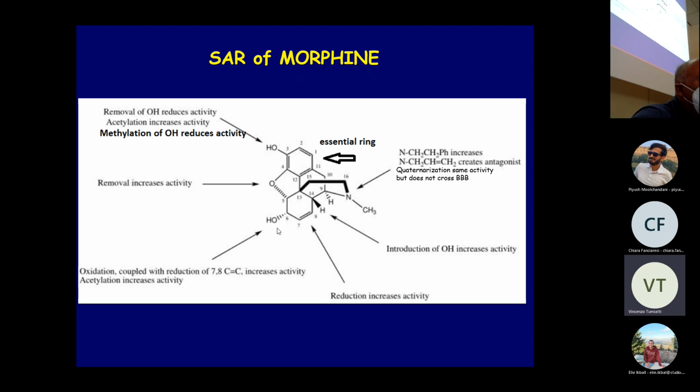We can remove it, we can oxidize it to a ketone, for example, without any reduction of activity. The double bond is not important.